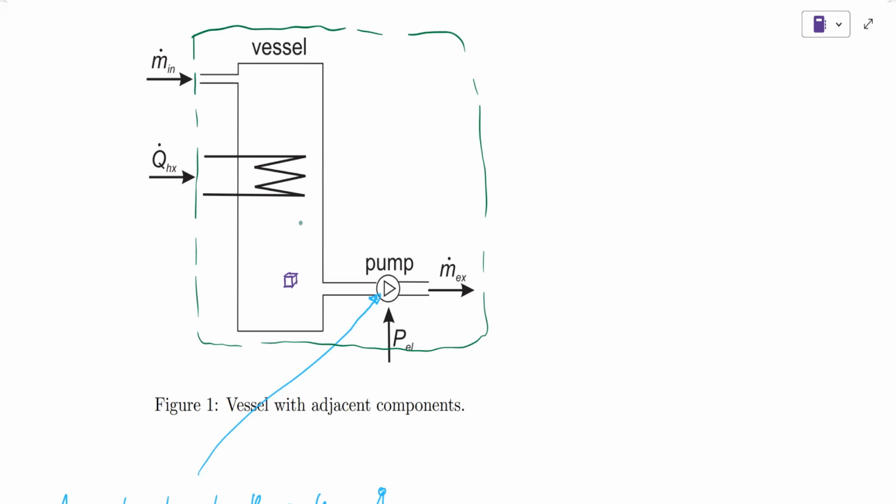And then, of course, here I would have my mass fluxes leaving and entering my control volume, the electric power supplied to the pump, as well as the heat flux of the heat exchanger.